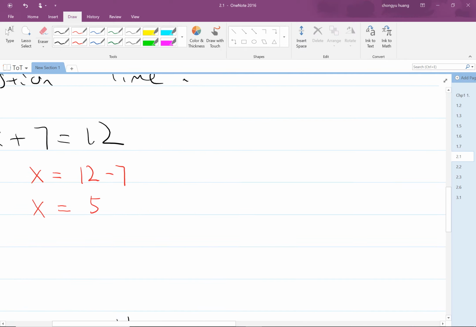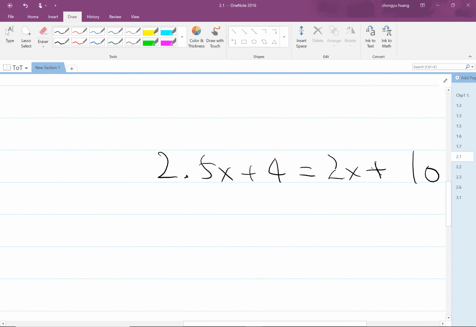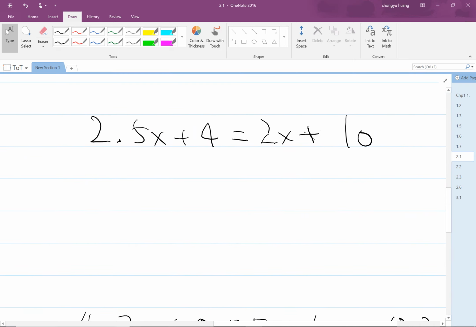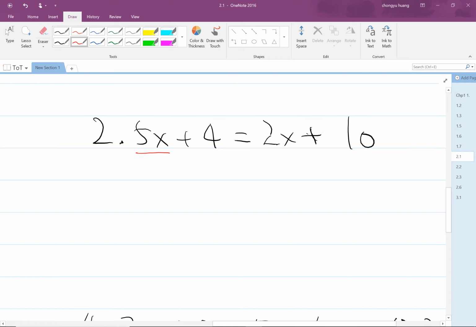Let's move into question 2. Question 2 has a few more steps. What you can see over here is 5x plus 4 is equal to 2x plus 10. We have only one variable, therefore it's a linear equation.